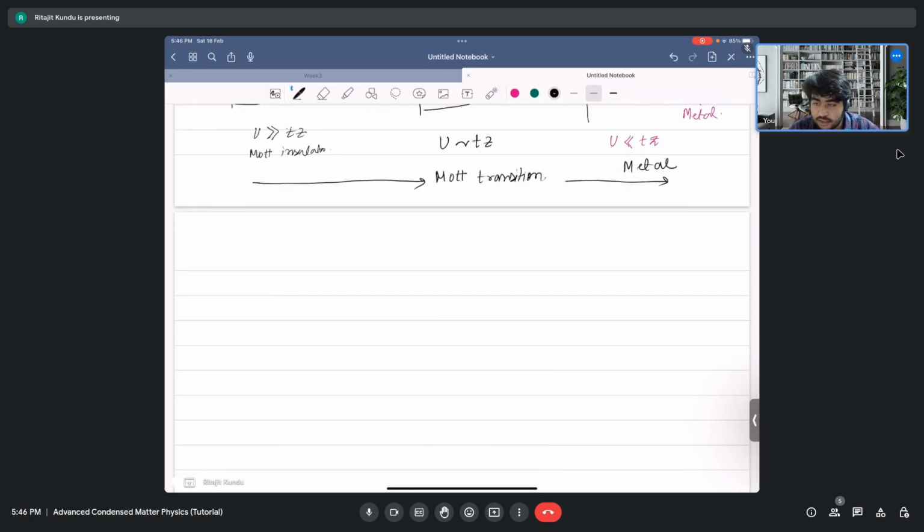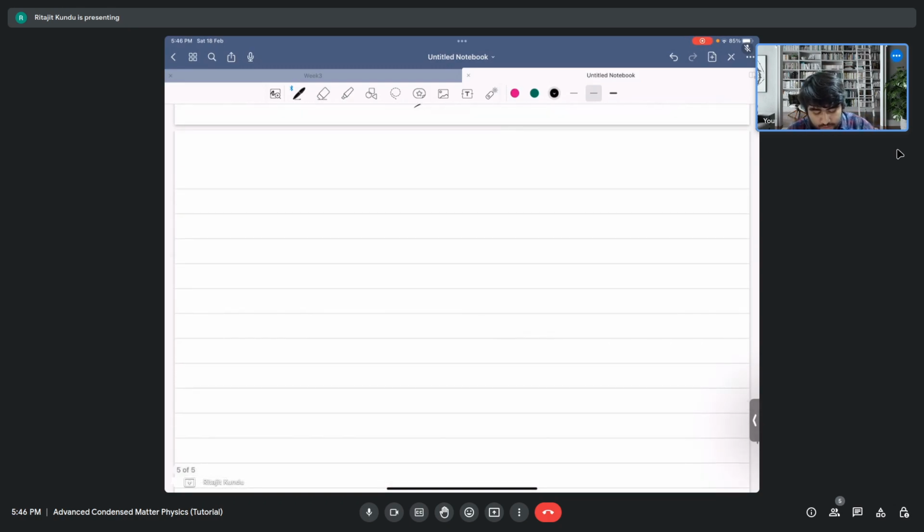So let's talk about Green's functions. I think you have gone through weeks 4 and 5, so you have learned a little bit about Green's functions. When you talk about Green's functions, there is a whole plethora of them.